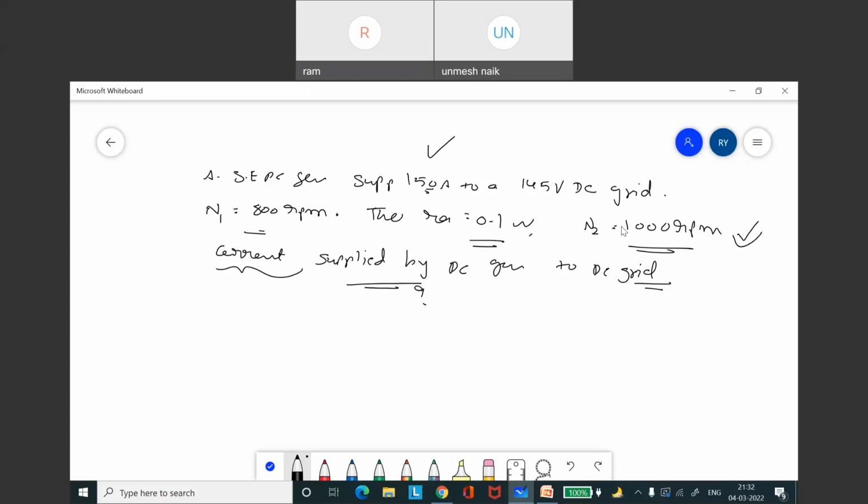Terminal voltage 145. Sir, resistance is not given. Oh, yes, sir, 0.1 is given. That is the armature resistance. So first generated EMF is 160 volts.